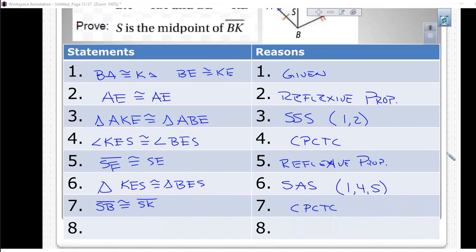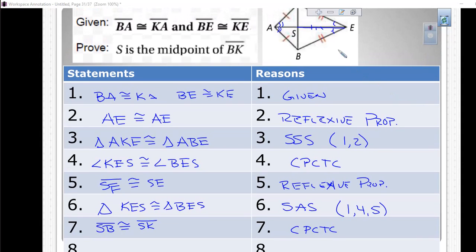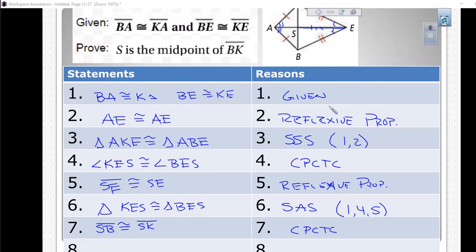And so since these now are congruent, we've shown that S does cut this in half. And so we can say that these are going to be congruent, and so therefore this is the middle. So we'll say S is the midpoint of BK, and our reason is the definition of midpoint.